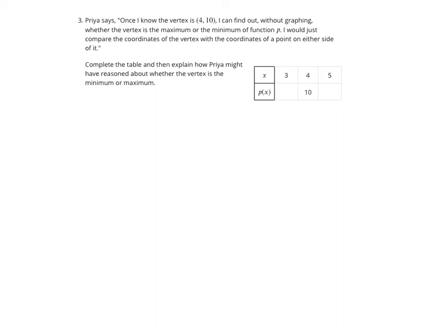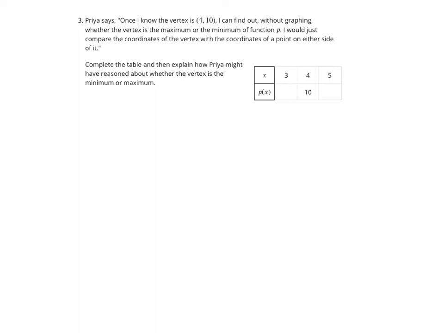Okay, with the graph that we just finished, the happy parabola, I plotted the vertex, and I found the y-intercept, which is above the vertex. So I knew it was going to open up. With the unhappy parabola, the y-intercept was already graphed for us, but it was below the vertex, so we know it's an unhappy parabola. It opens down.